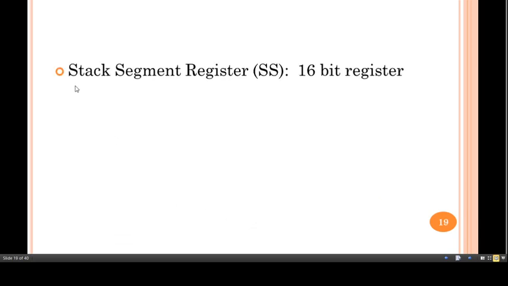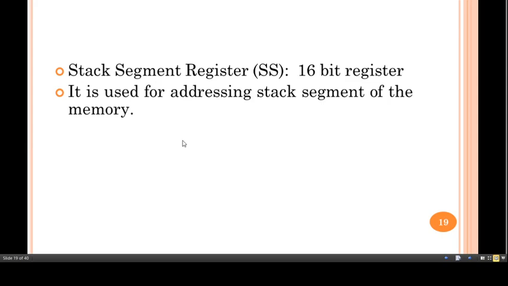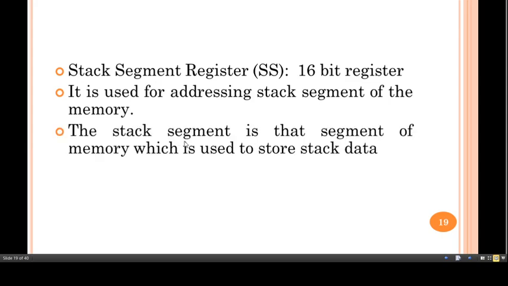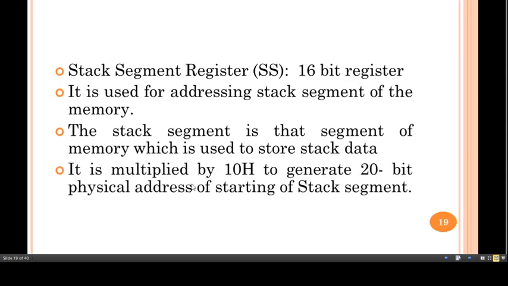And the next segment register is the stack segment register, SS. It is a 16-bit register. It is used for addressing the stack segment of the memory. The stack segment is that segment of memory which is used to store stack data.